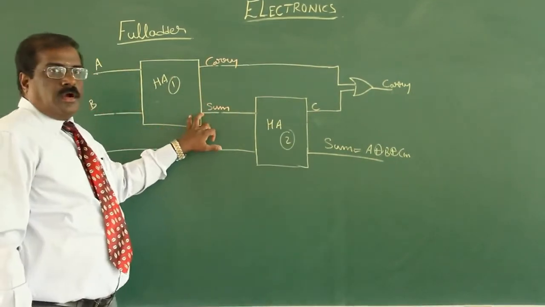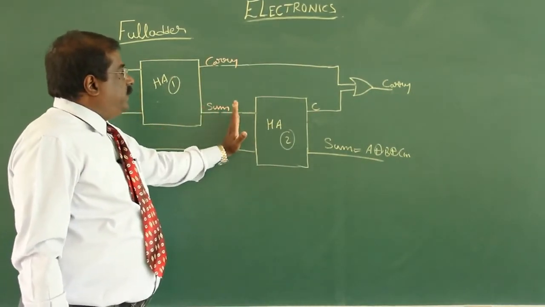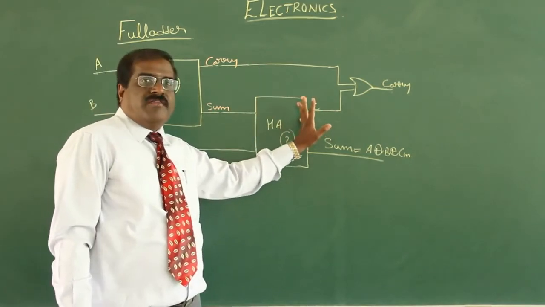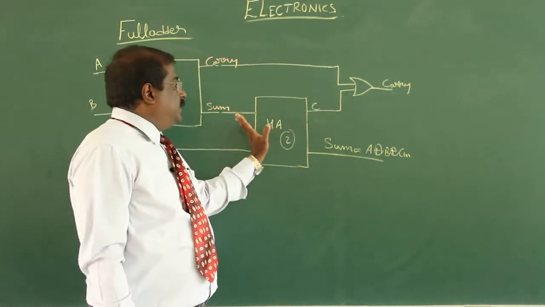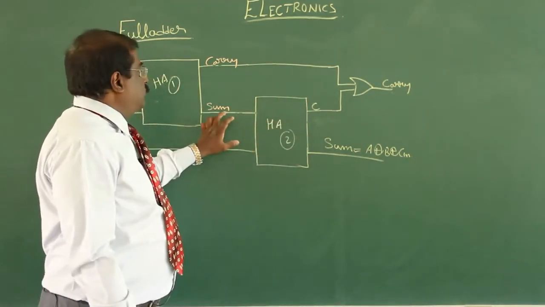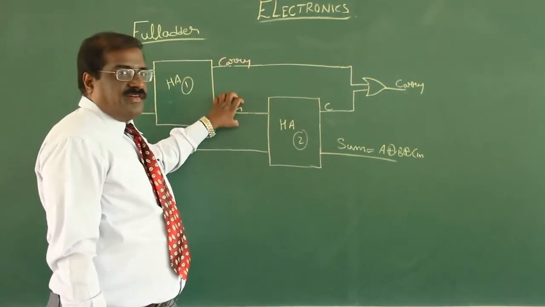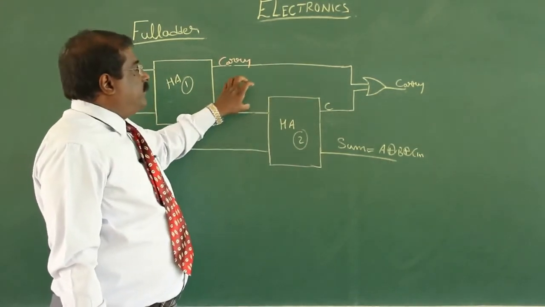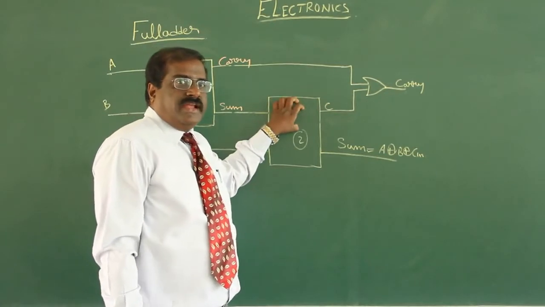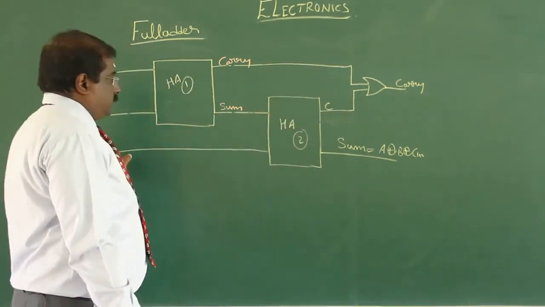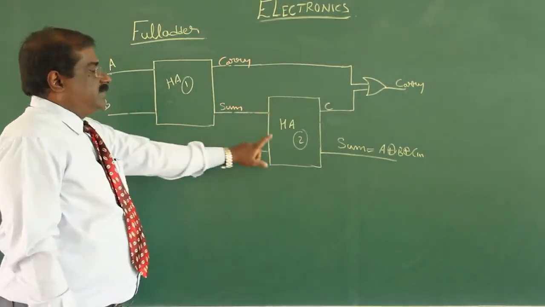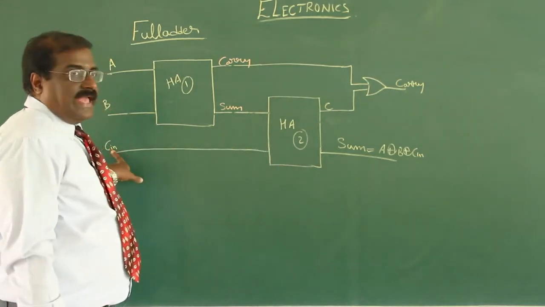The output of the sum will be the input of the second half adder. So the output of the first sum will be the input of the second half adder. The second input of the second half adder is nothing but the carry in.